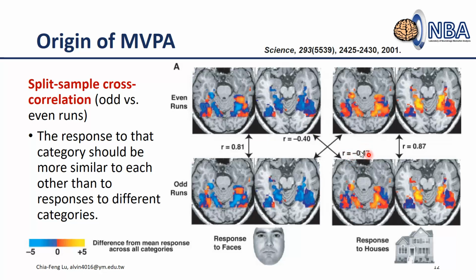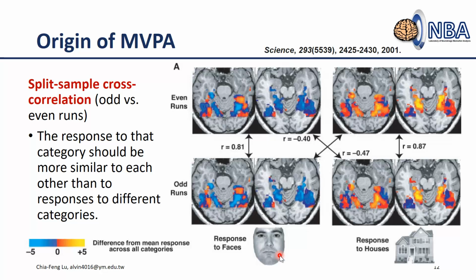Okay, the similar idea can also be observed between the even round of the house and the odd round of the human face. So actually they didn't perform machine learning analysis. However, this kind of correlation analysis gives us a very important idea that patterns may really exist in your brain.